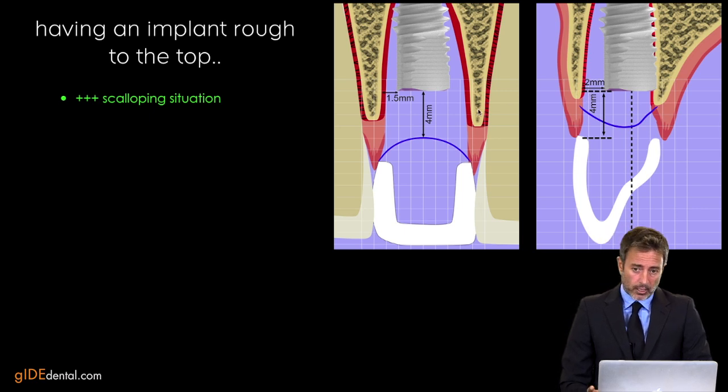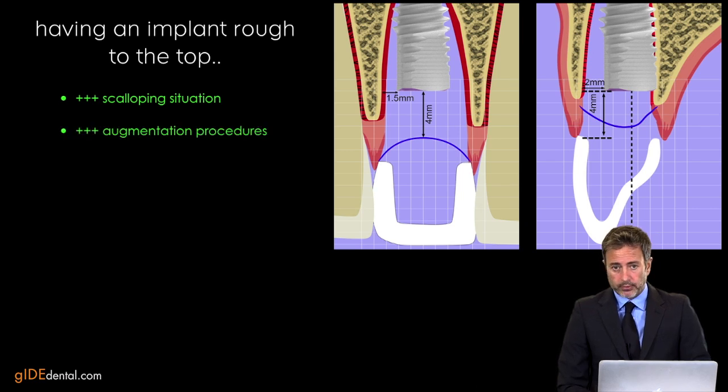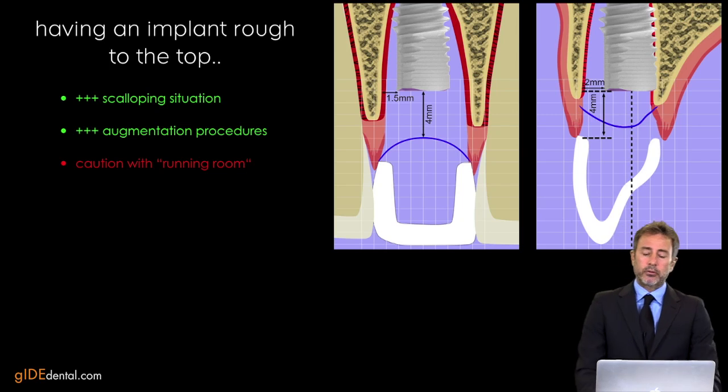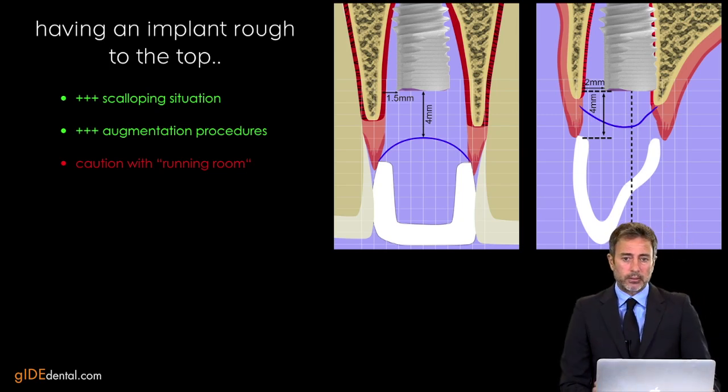mesial and distal, we have the implant placed subcrestally. And this is good when we have an implant rough to the top, and also it is beneficial for our augmentation procedures. But on the other hand, we have a bigger running room, approximately 3.5 to 4 millimeters, and we have to take care of it.